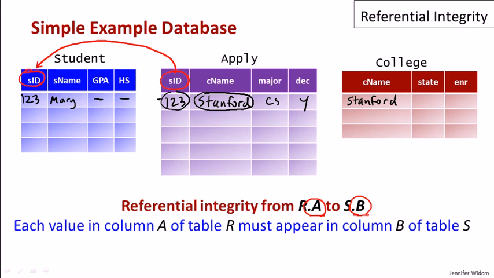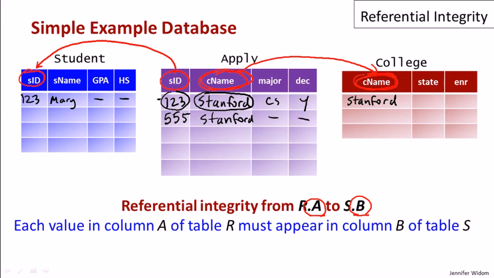And similarly, we'll have referential integrity from the college name attribute in apply to the college name attribute in college. Again, we want every value that appears in this column to also appear in this column. Now, we might have a violation, for example, if we had, say, 555 applying to Stanford for some major and some decision.